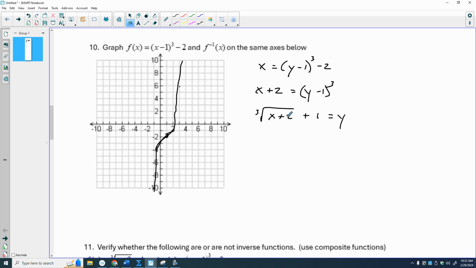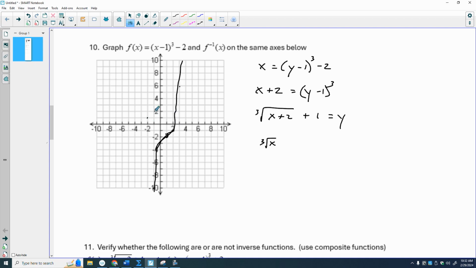Okay, so this makes my graph go left 2. This makes my graph go up 1. Left 2, up 1. This is a cube root function, so I'm not looking at this anymore. I'm just looking at the cube root. And so it's really just the switching of the x and the y's from what I just graphed.